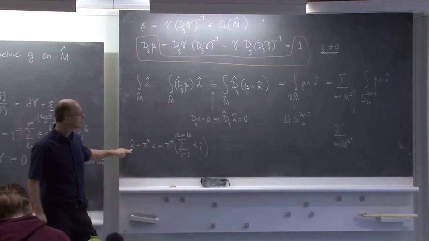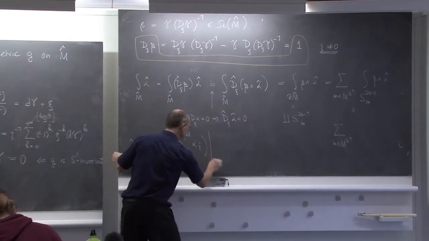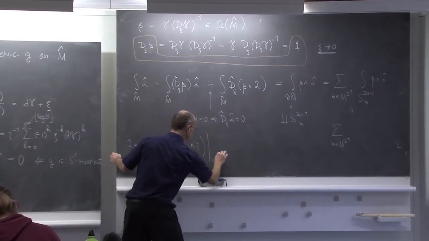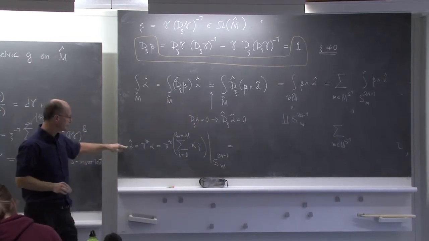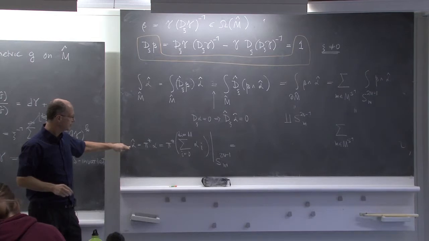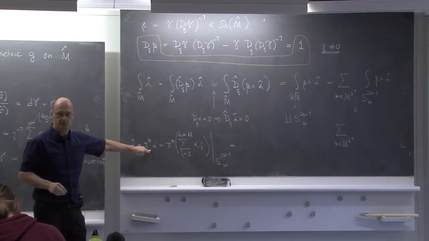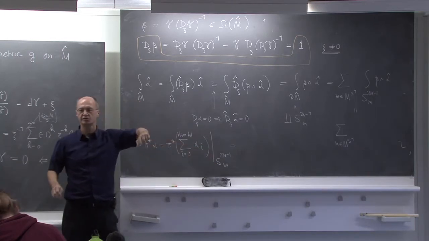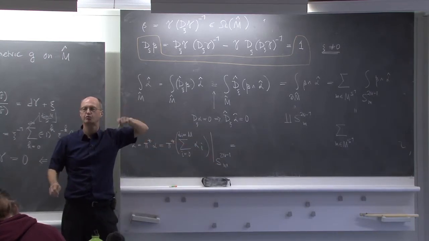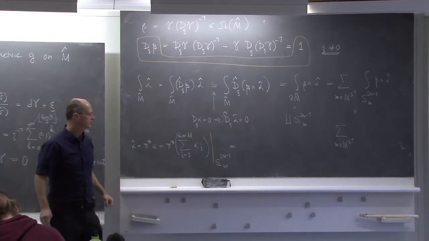Okay. So we're supposed to say what's the restriction of alpha hat, which is pi star of alpha, to the boundary component, which is a blow up of a fixed point.